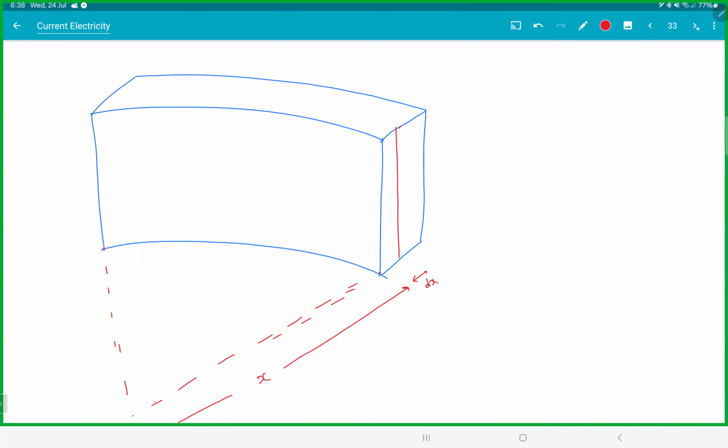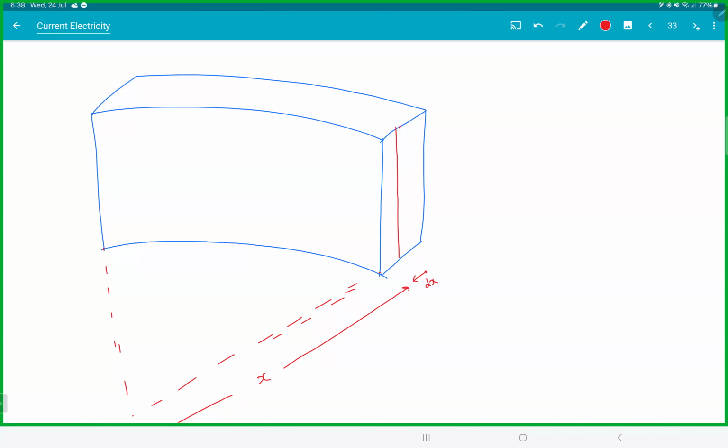Now be careful here. This is the mistake again. 1 by R equivalent is 1 by R1 plus 1 by R2, and so on. That means for 1 by R equivalent, you should not integrate dR, you should integrate 1 by dR. Understand that integration is nothing but a summation symbol. So we're taking the summation of 1 by dR, which is the integral of L dx by rho theta x.